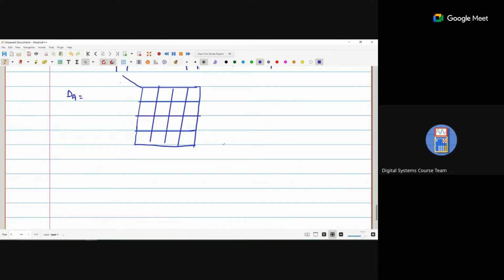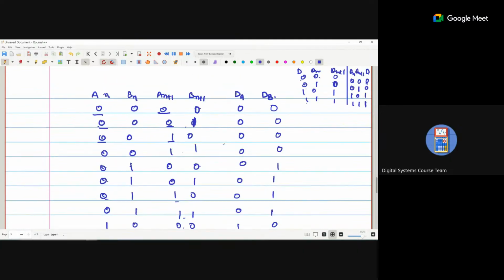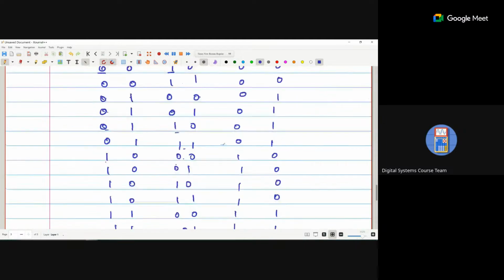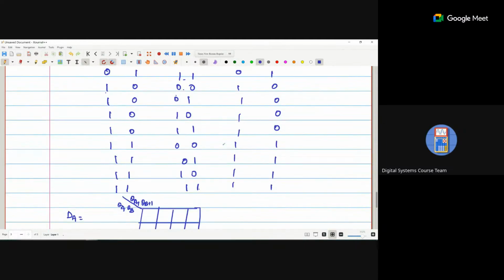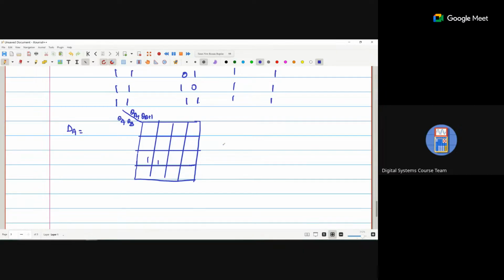It is QA, QB, QA plus 1, QB plus 1. So we are getting, okay, DA is nothing but QA.